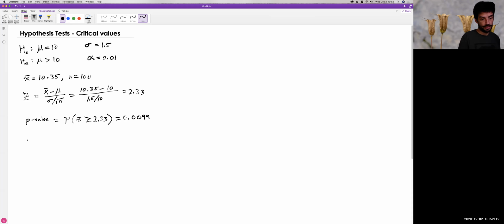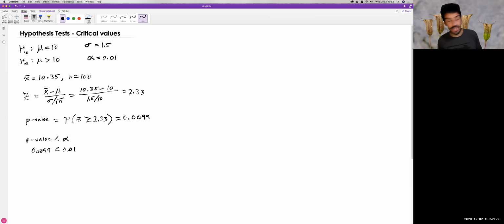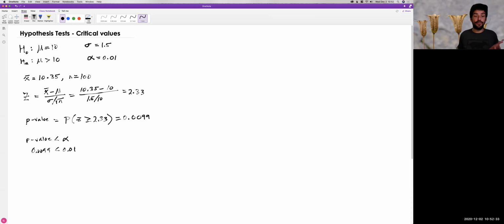Notice that my p-value is less than alpha. 0.0099 is less than 0.01. It's just barely less than it, but it is less than it. And that means we reject the null hypothesis. In other words, we're saying this is rare enough. If the null hypothesis were true, we would expect to get a sample like the one we got less than 1% of the time.